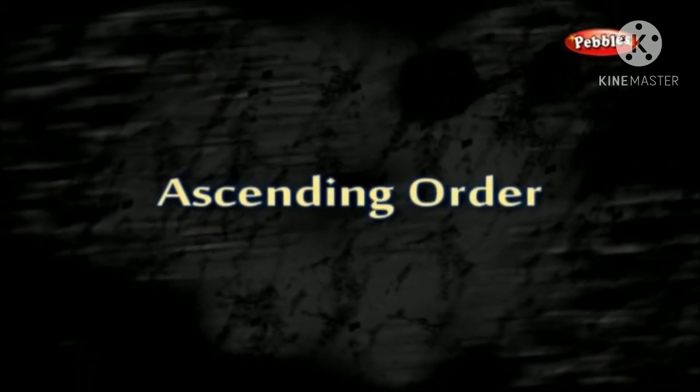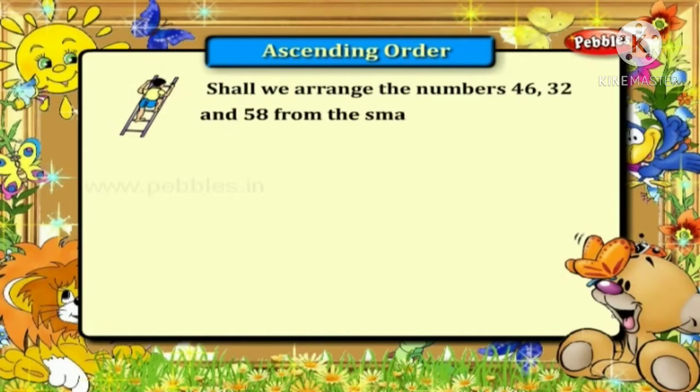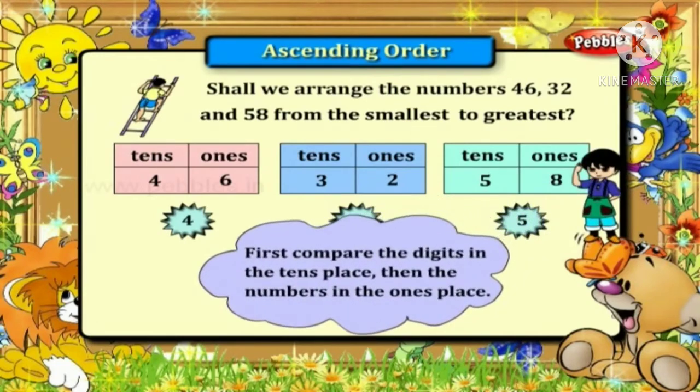Ascending order. Shall we arrange the numbers 46, 32 and 58 from the smallest to the greatest? In 46, 4 is in the tens place. In 32, 3 is in the tens place. In 58, 5 is in the tens place. Now first compare the digits in the tens place and then the numbers in the ones place.